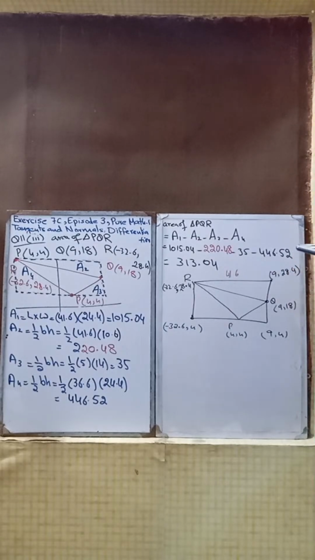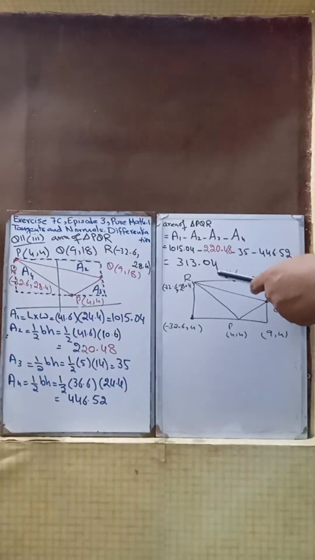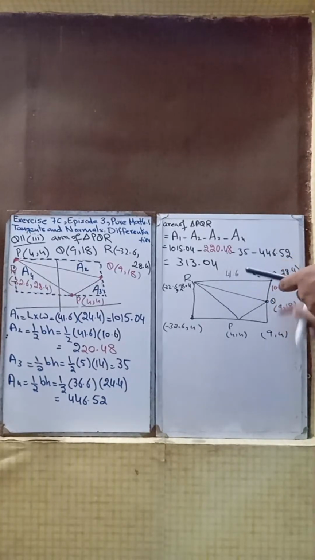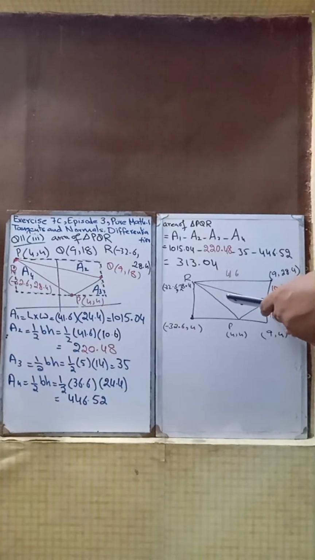This length will be 28.4 minus 18. So this thing will be 10.4. What will be this thing? This will be 18 minus 4, and this will be 14.